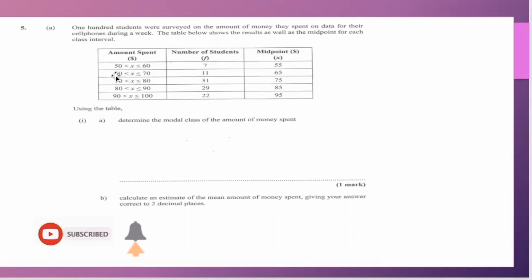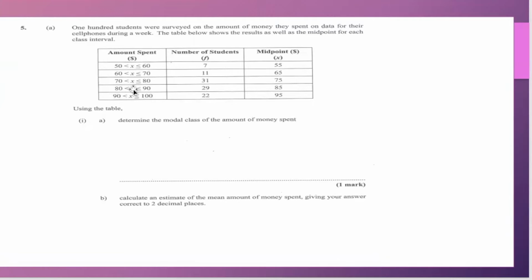When X is greater than 60 but lesser than or equal to 70, the number of students is 11 and the midpoint is 65. That's the midpoint of this. X is greater than 70 but lesser than or equal to 80. We have 31 students and the midpoint is 75. Remember, it's money.